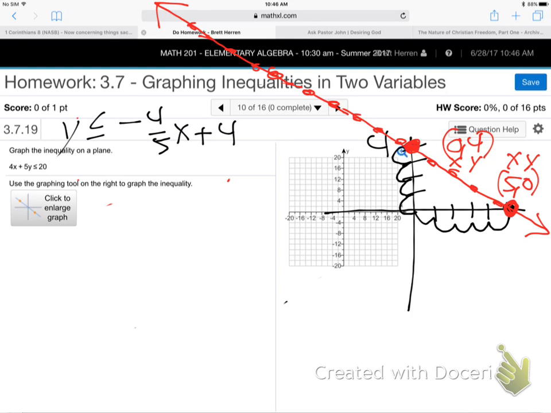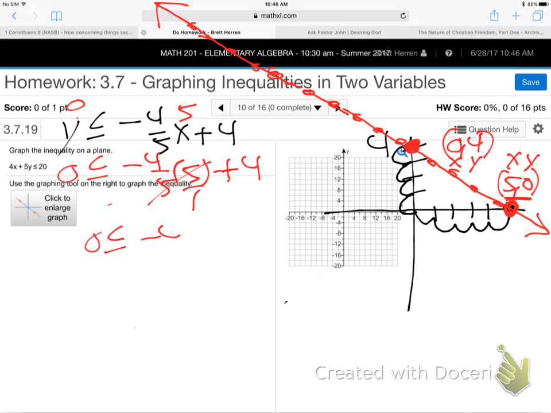Plug in 5 for x, 0 for y. So 0 less than or equal to minus 4/5 times 5 plus 4. These cancel, because that's 5 over 1. Then you've got minus 4 plus 4. What's that? 0. See how it made it equal again?